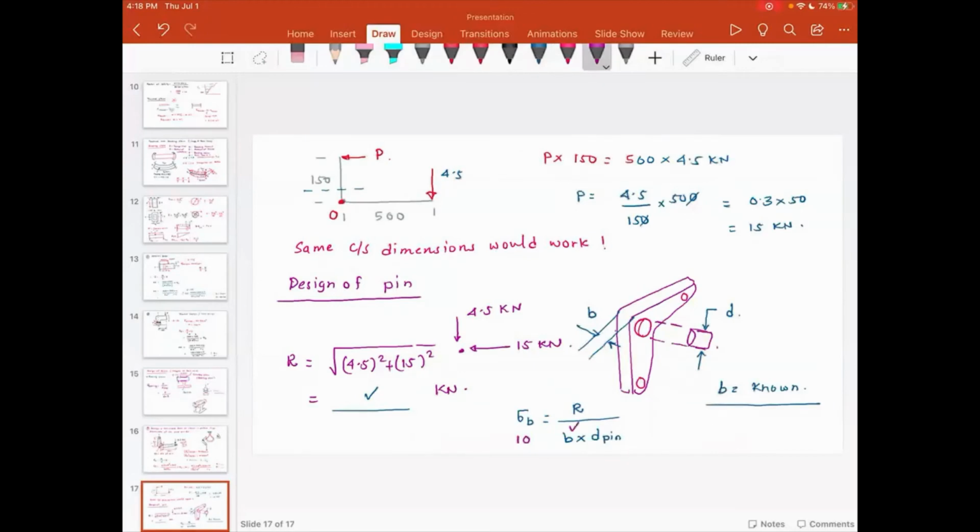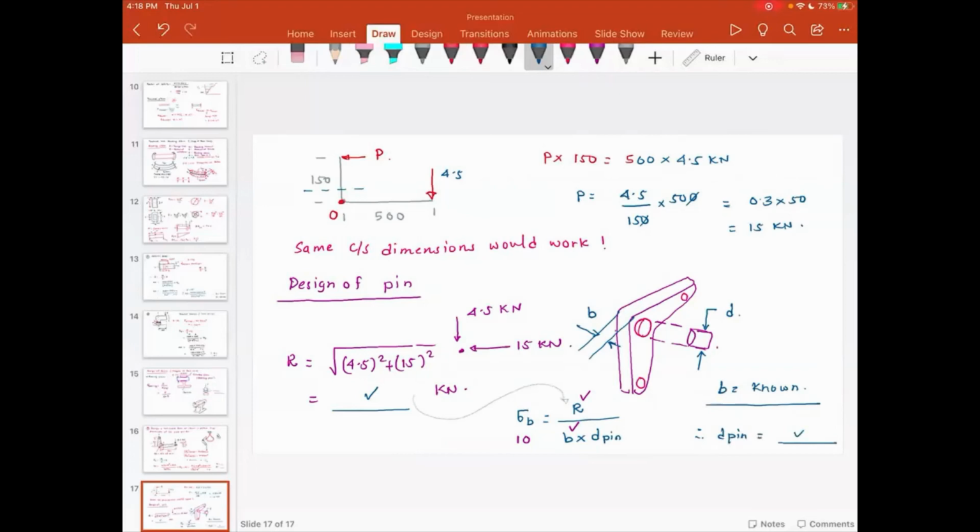Value of B is known. Value of R is known. R comes from here. B comes from the previous step. And the only unknown in this equation is the diameter of the pin. So that way you should be able to find out the diameter of the pin.